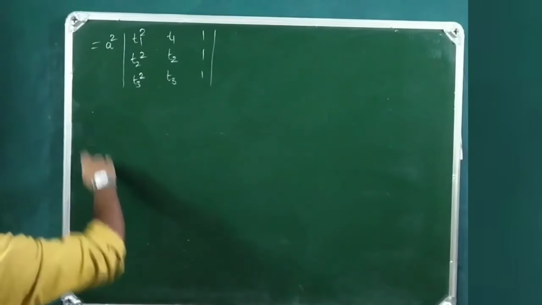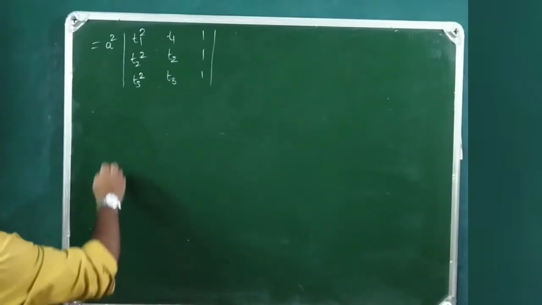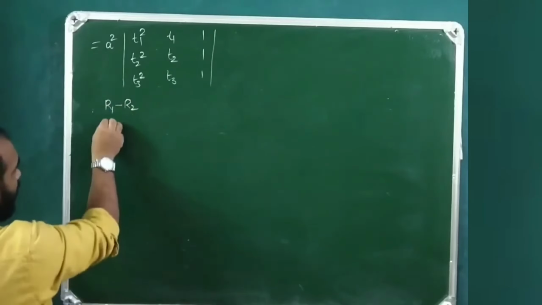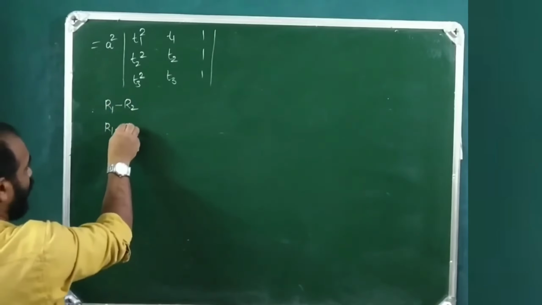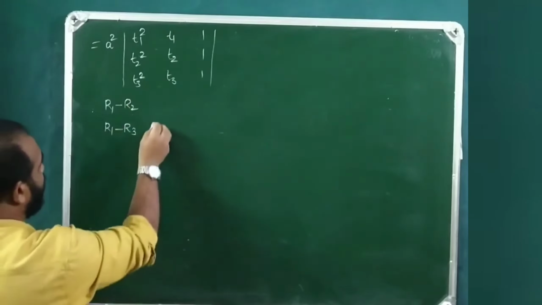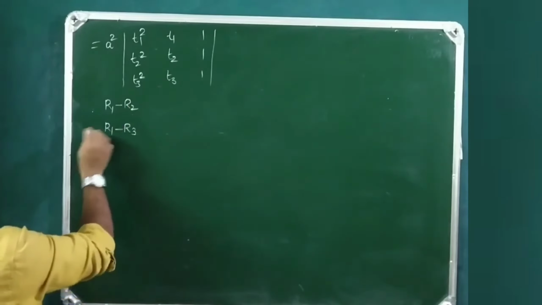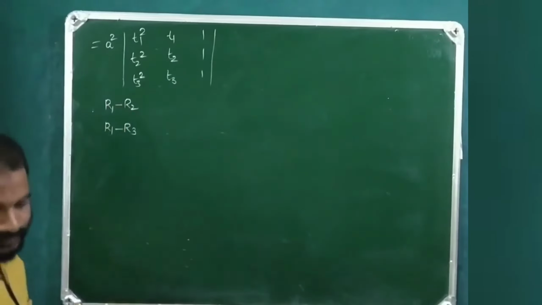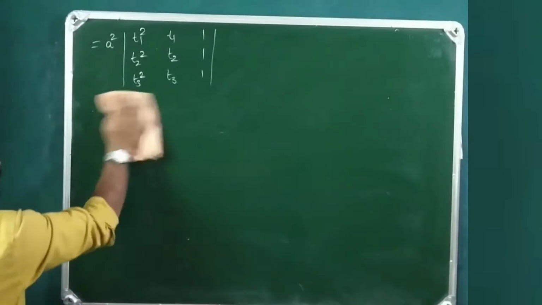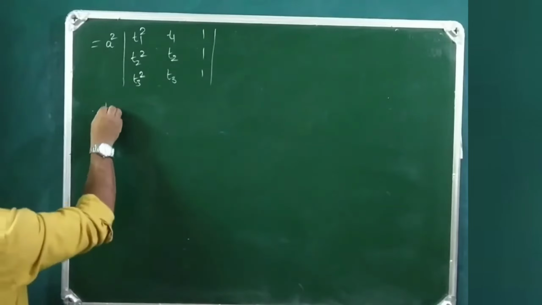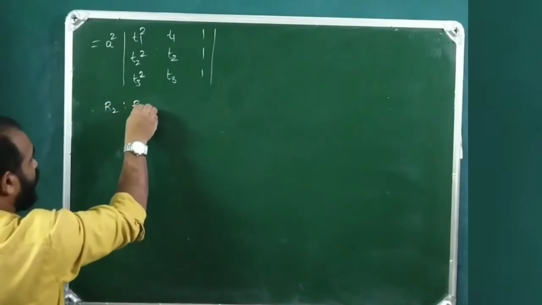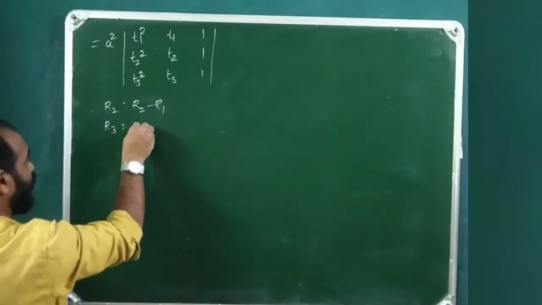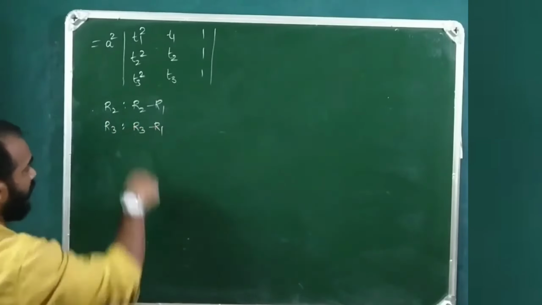This is equal to here, I'll do row 1 minus row 2 and row 1 minus row 3. I'll do row 2 transformed as row 2 minus row 1. Row 3 is transformed as row 3 minus row 1.